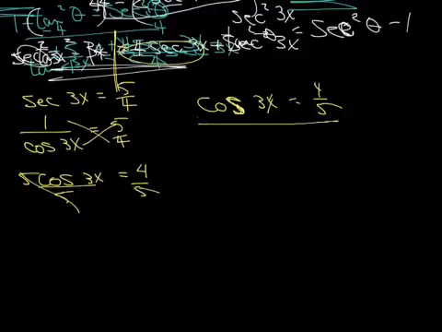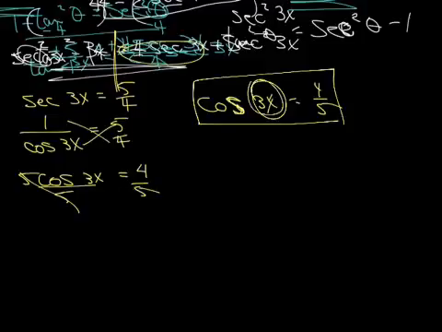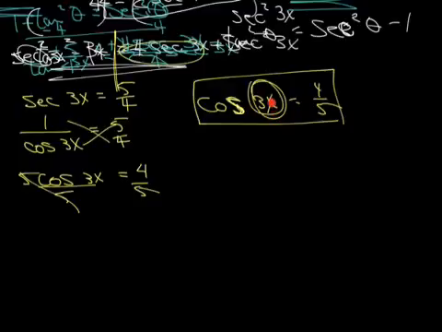Okay, so this is all I'm worried about you getting for an answer. I'm not really concerned in this section about what the book is asking for, because the book is asking for what angle times 3, where you take the cosine of it, is going to give you 4 over 5.